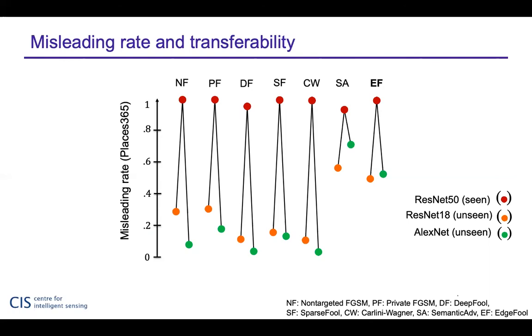If you look at the top red circle, you can see that all adversarial attacks such as FGSM, PFGSM, deepfool, sparsefool, CW, semantic adversarial, as well as our proposed attack edgefool, successfully mislead a particular classifier, while only 2 of them, edgefool and semantic adversarial, are transferable because of the large perturbation that they introduce.